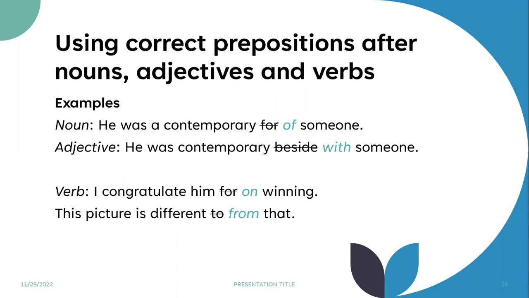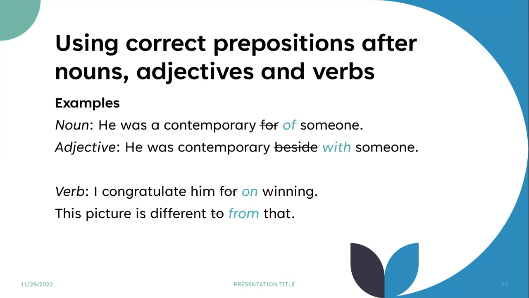Moving on. Using correct prepositions after nouns, adjectives, and verbs. Examples: "He was a contemporary of someone," not "for someone." Adjective: "He was contemporary with someone." If you know the meaning of the words in your sentence, then you will know which preposition is correct to use.